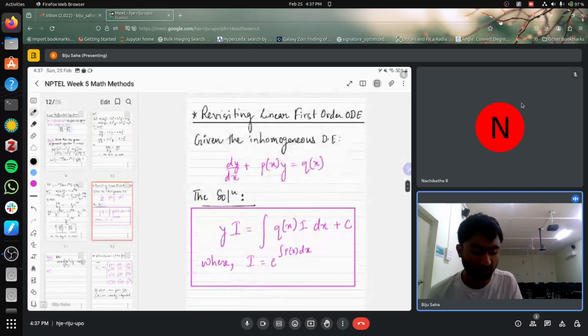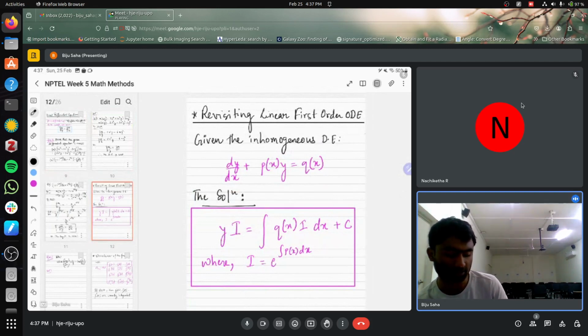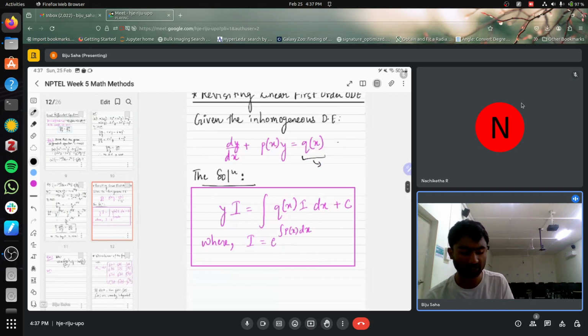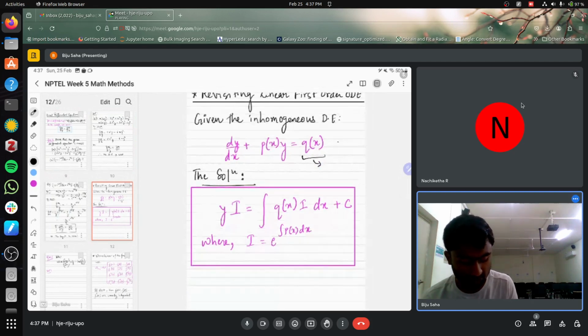Let me again come back to the linear first order differential equation. This is how the linear first order differential equation in general looks. This is inhomogeneous, because this Q(x) is not necessarily 0. So the solution for this differential equation is given by this. I have y multiplied with something known as I, which is called the integrating factor.